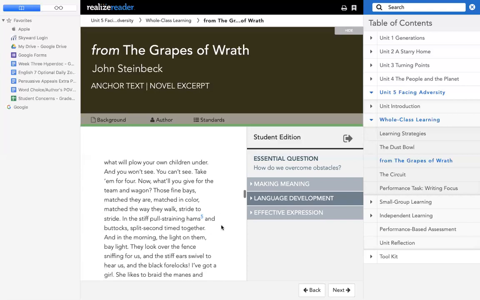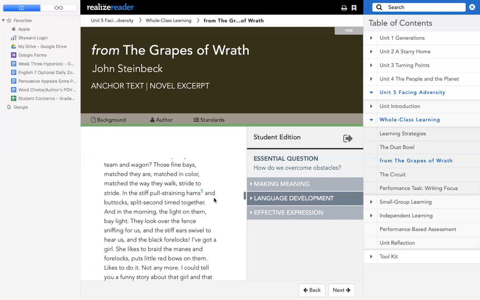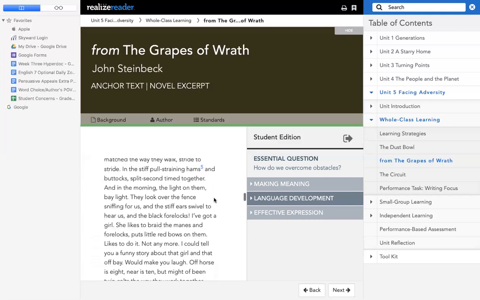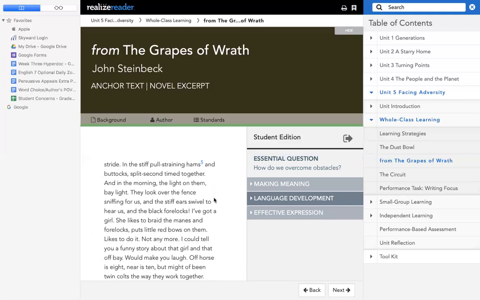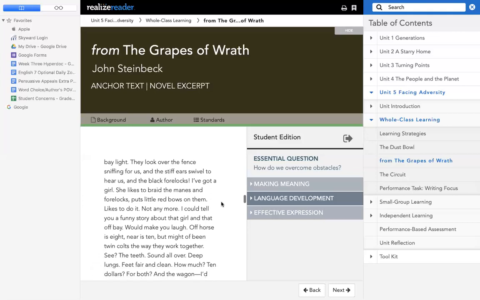You can't see. Take them for $4. Now, what'll you give for the team and the wagon? Those fine bays, matched as they are, matched in color, matched the way they walk, stride to stride. In the stiff, pole-straining hams and buttocks, split second time together. And in the morning, the light on them, bay light. They look over the fence, sniffing for us, and the stiff ears swivel to hear us.